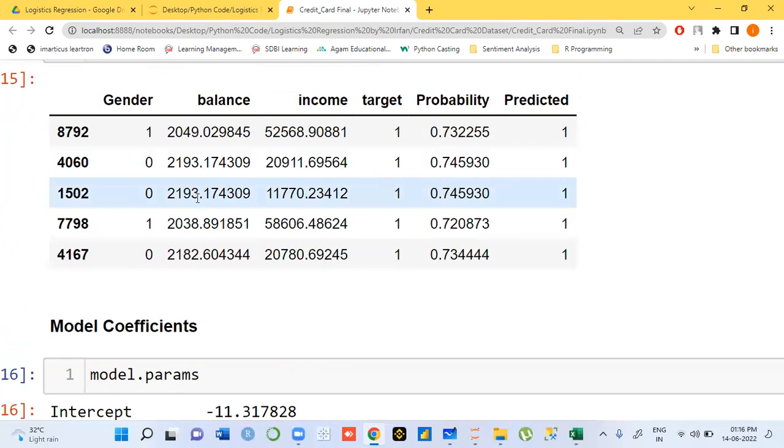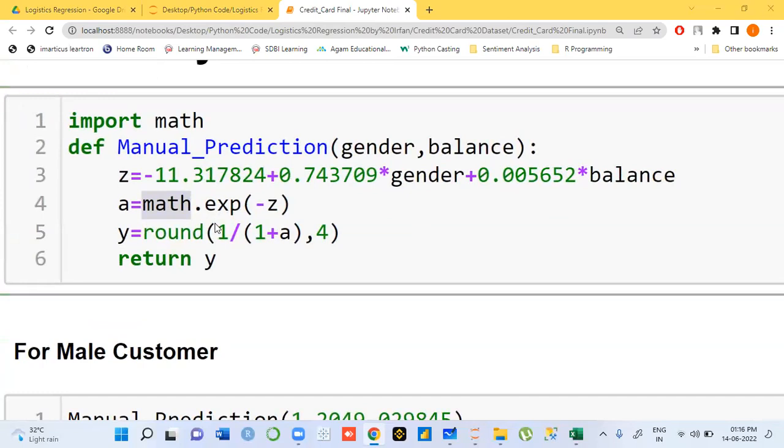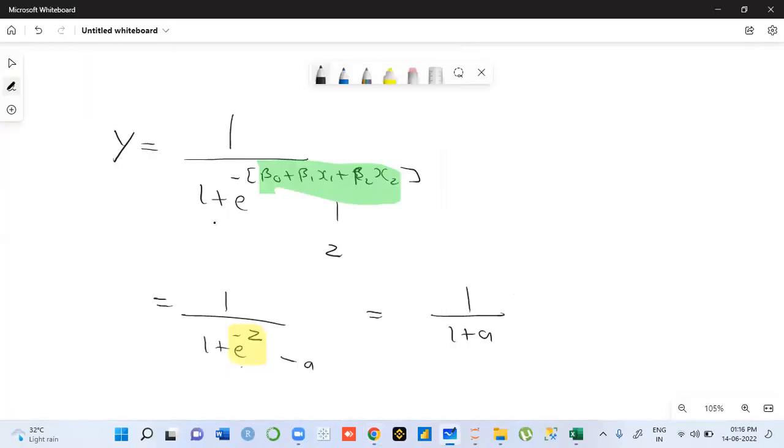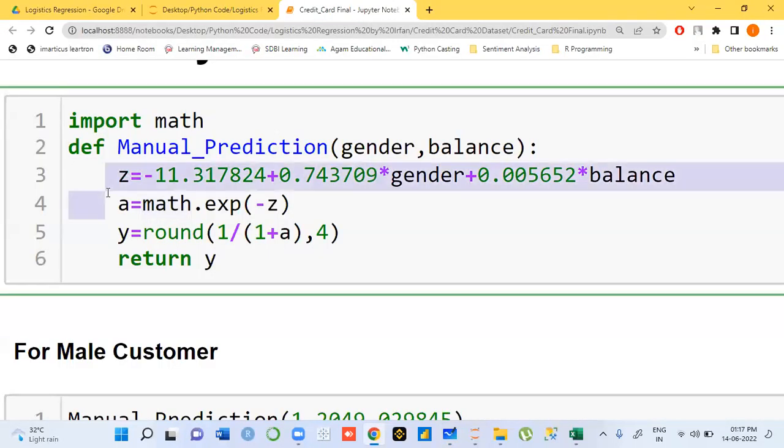If I need to predict for female, please. What is the math expansion below? This A is equal to math dot exp. If you remember, we have to take the exponential. This entire equation I make as z. Should I solve manually for you?